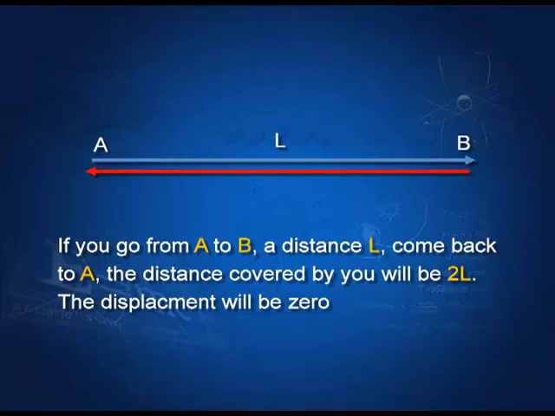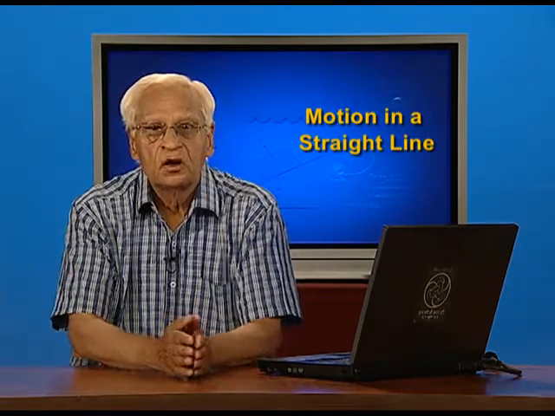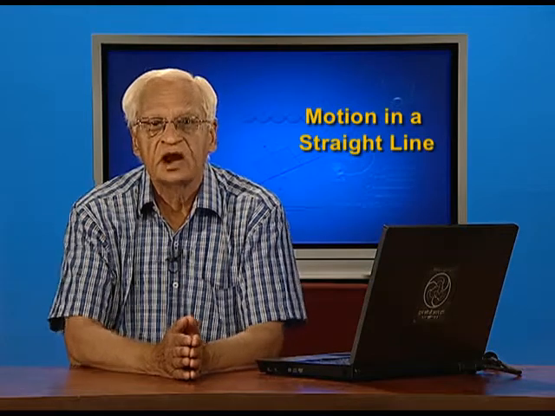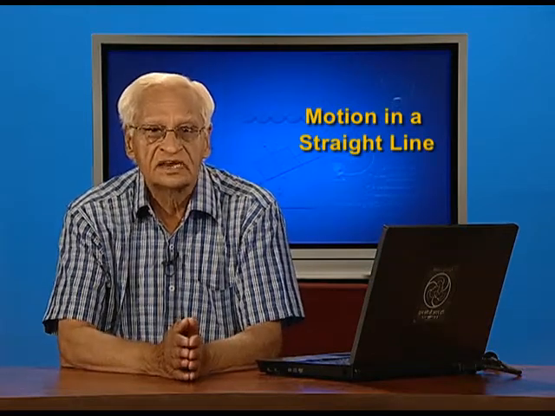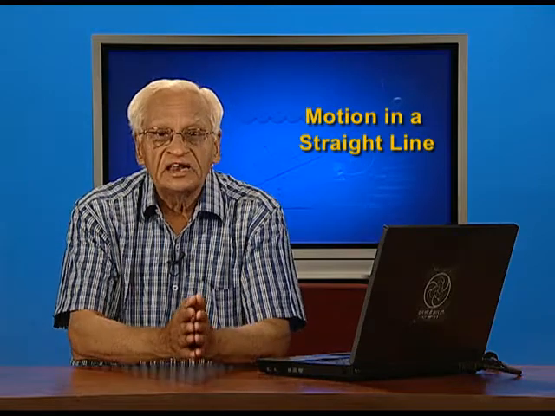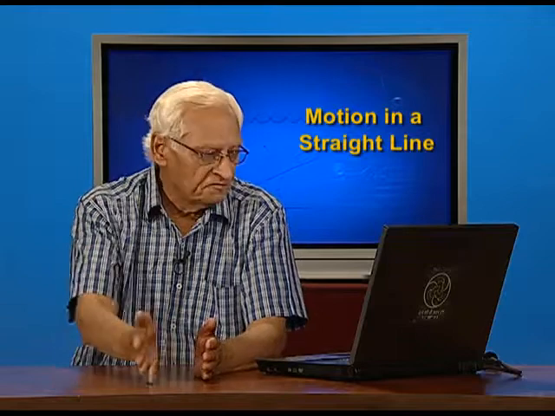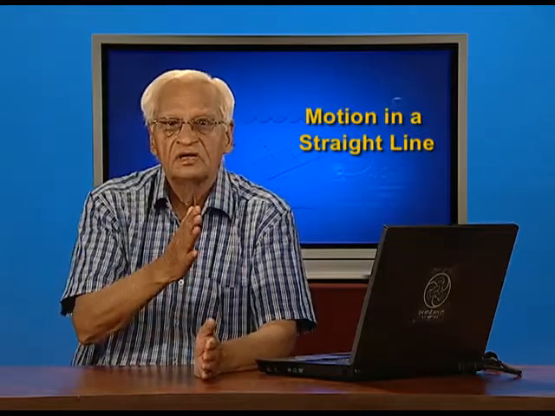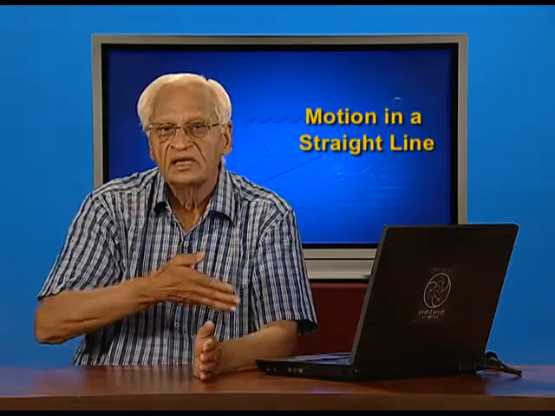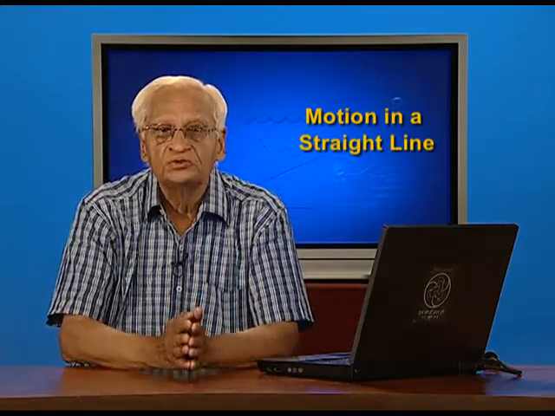You know already that velocity is equal to the slope of the displacement time graph. This we did in the last lecture. Now, the slope of a linear graph is constant, it is the same everywhere. So, if the graph between displacement and time is linear, then the velocity is uniform.